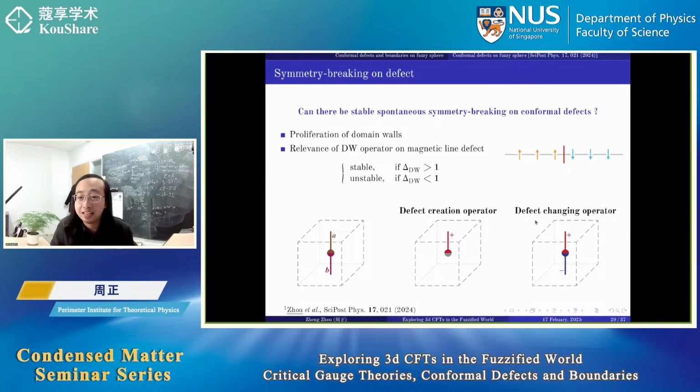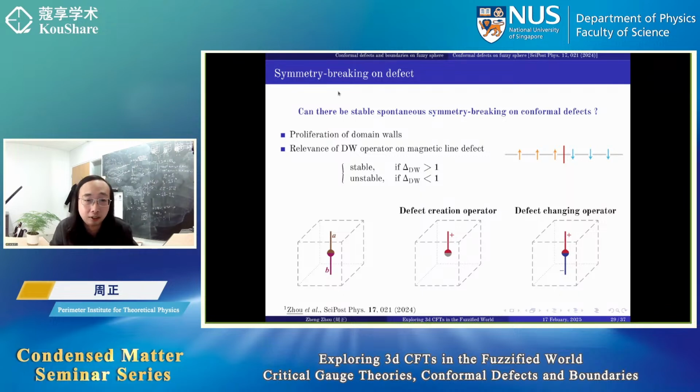In this way, we get the defect changing operator. And similarly, if the upper half is polarized towards spin up and the lower half has nothing, this corresponds to an endpoint of the defect, or the defect creation operator.